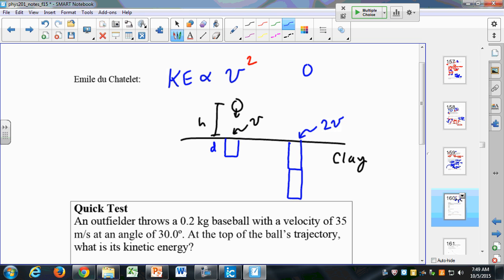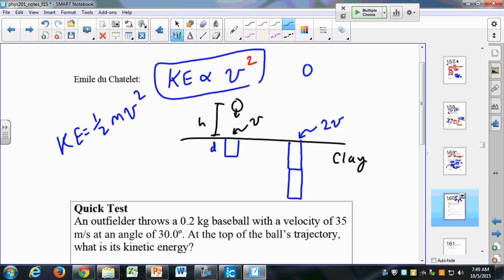But she found that it actually went 4 times as deep, thus solidifying this idea that the kinetic energy is proportional to the velocity squared. It was actually a pretty big breakthrough for the day, this idea that the kinetic energy is proportional to the square of the velocity. And again, the kinetic energy is not only proportional to the velocity, but also to the mass. It's 1/2 mv squared. We have a little clip here about her.